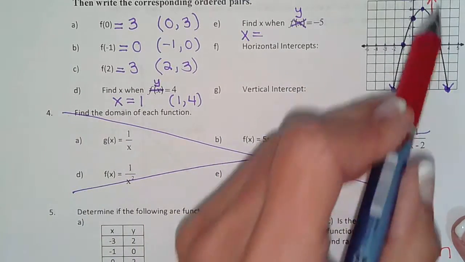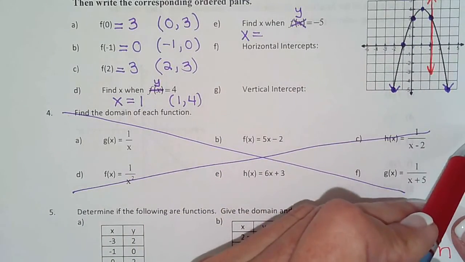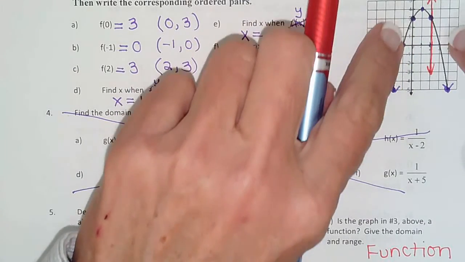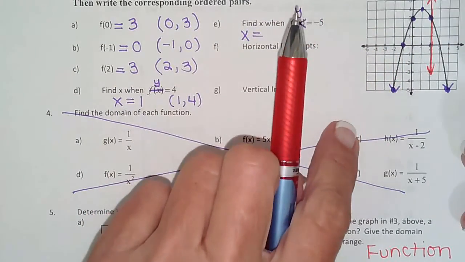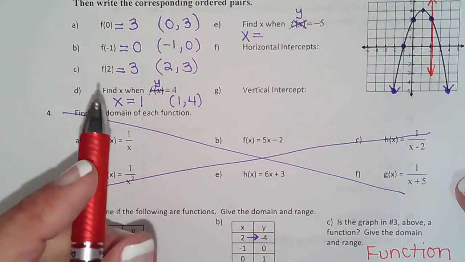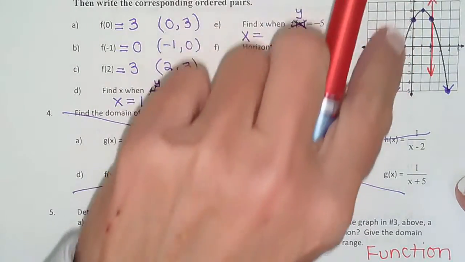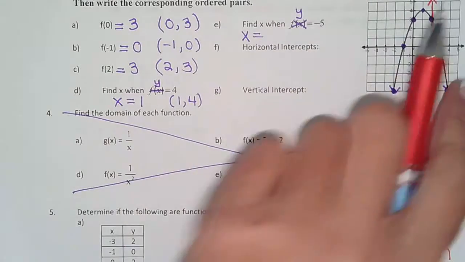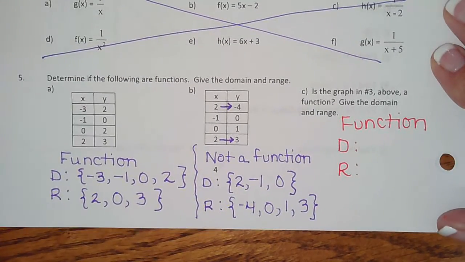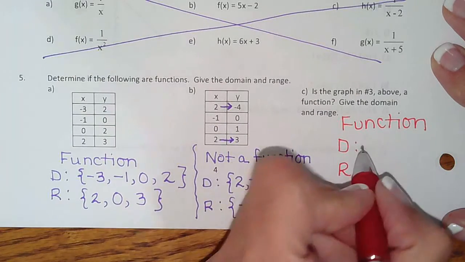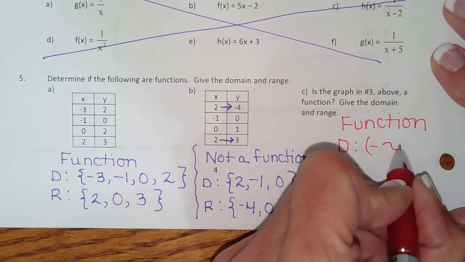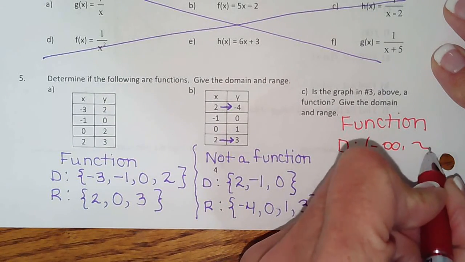Left forever, right forever. So this graph is just going to keep getting wider and wider and wider. So every single X will be, because the arrows tell us left forever and right forever. So we learned when it's left forever and right forever, we write negative infinity to positive infinity.